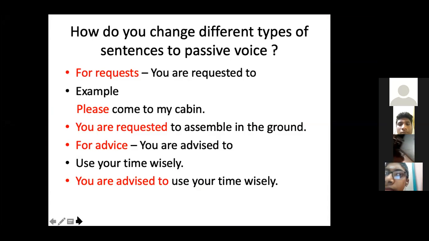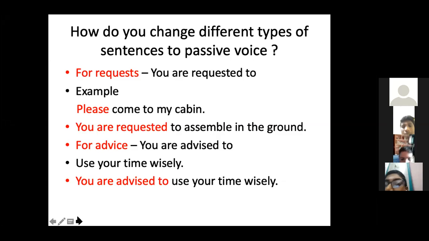Okay. Now you can see how you can change different types of sentences to passive voice. So what are the different types of sentence? You have 4 types of sentence. It is declarative or assertive, then interrogative, that is question form.